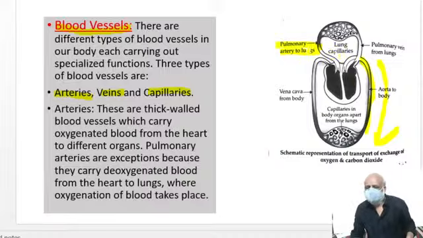Here, the pulmonary artery in the pulmonary system carries deoxygenated blood from the ventricle, and pulmonary veins carry oxygenated blood from the lungs.